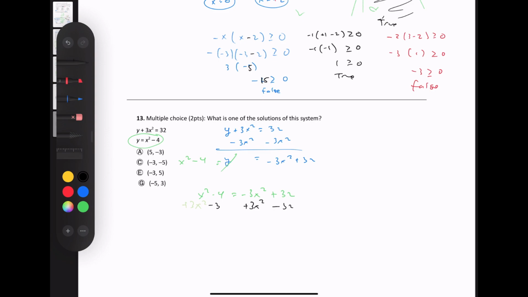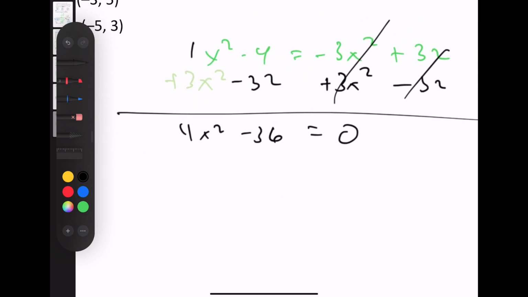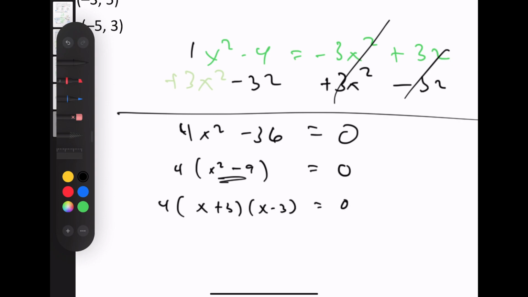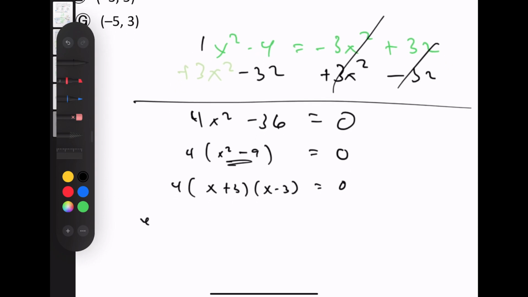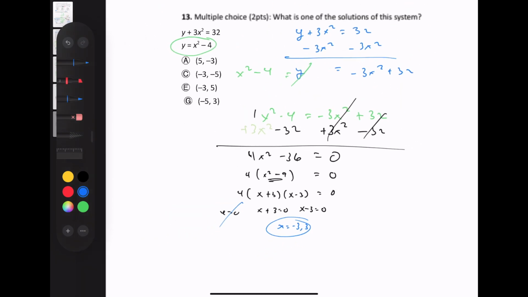And subtract 32. See what happens. I'm going to get 4x squared minus 36 equals 0. Factor out a 4. And if you factor this, you'll get x plus 3, x minus 3. Set those each equal to 0. And then you have negative 3 and 3 as our answers.